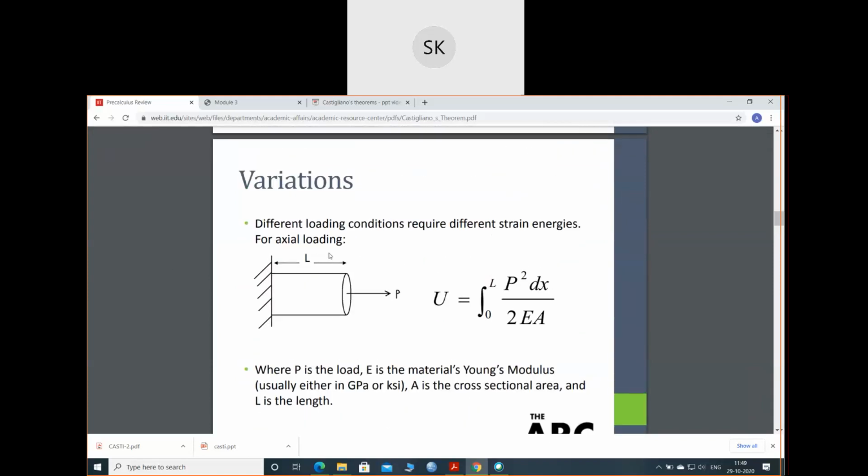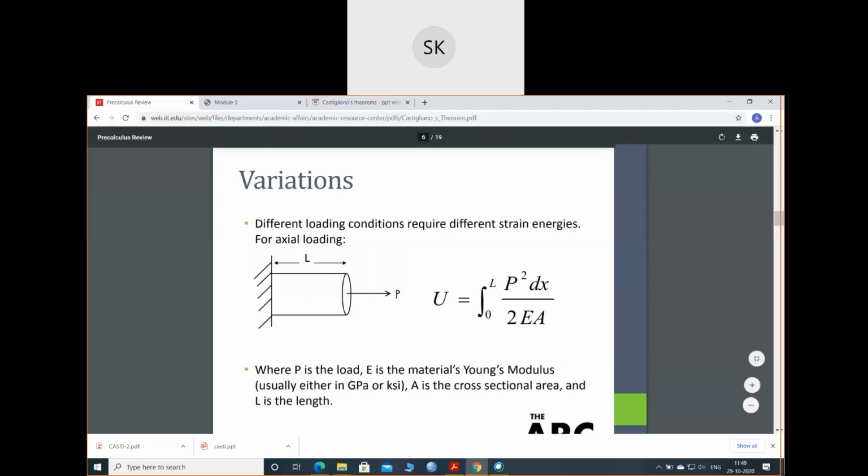Now this was for axial loading. This is the formula for strain energy when your structure is experiencing an axial load.